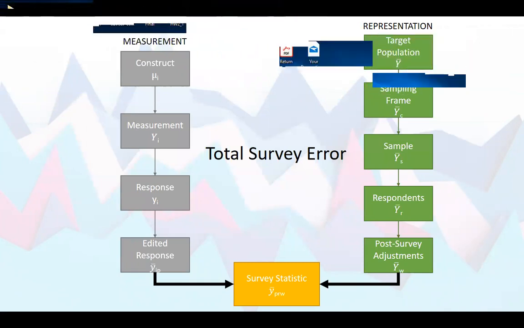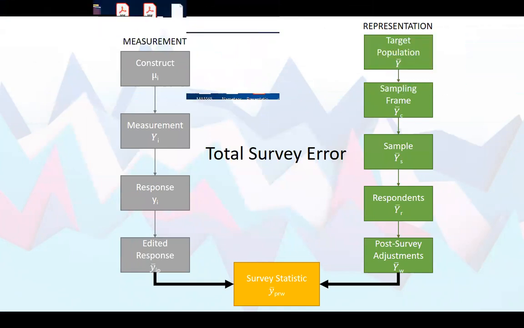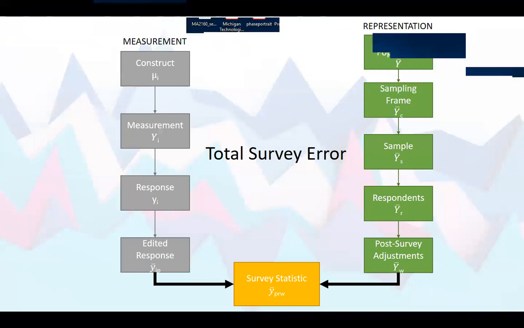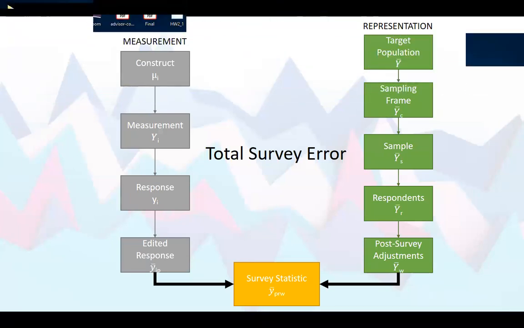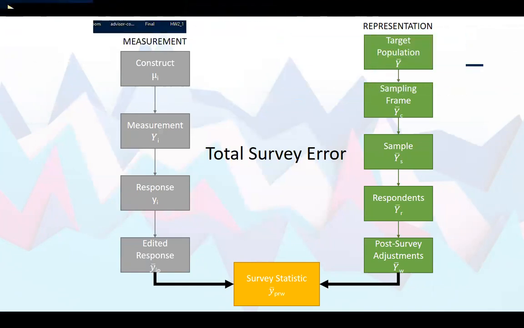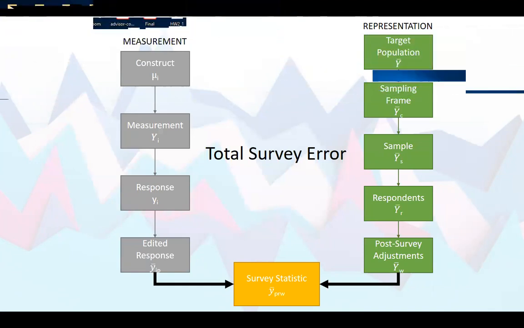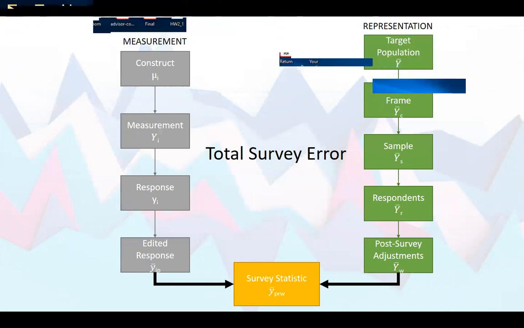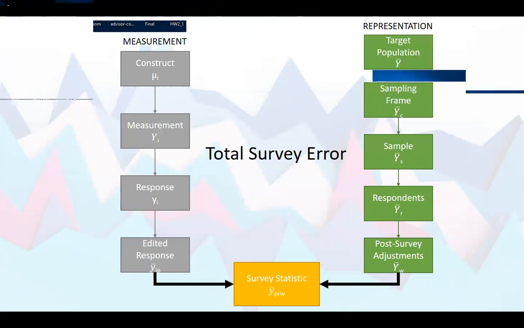Starting with identifying who your target population is, who at the end of the day you ultimately want to make inferences to, through getting information from those people, identifying who they are as a sample, getting their actual information when they respond to your survey, and adjusting whatever numbers that they give you so that you can do your analysis appropriately.